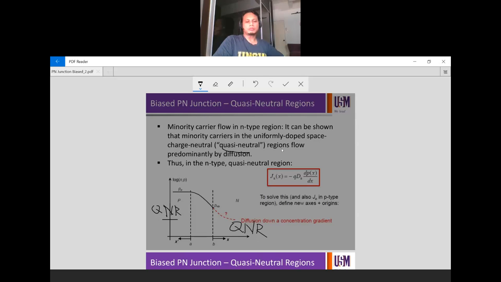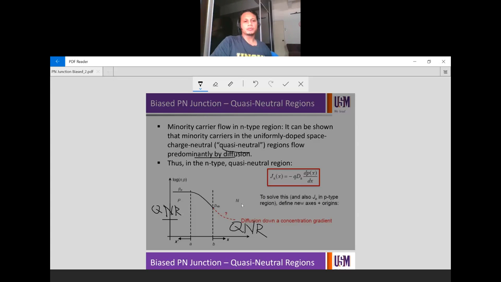So they are predominantly found by diffusion process, because the moment you apply your forward bias voltage, they're going to diffuse again, crossing the junction, and they'll be found on the other side due to diffusion.